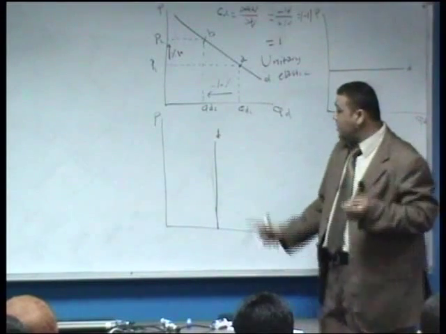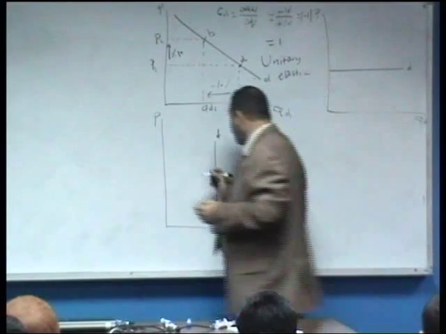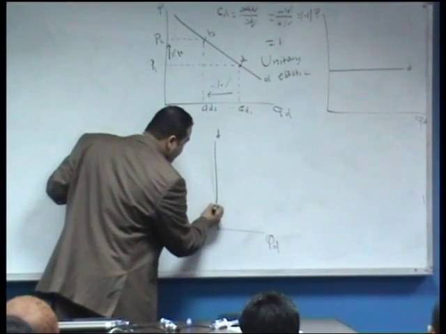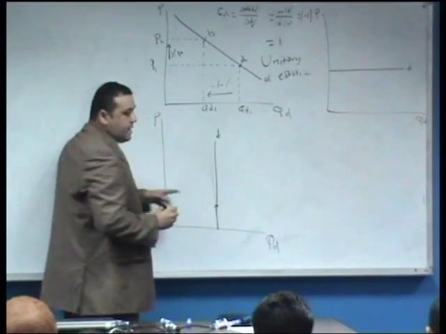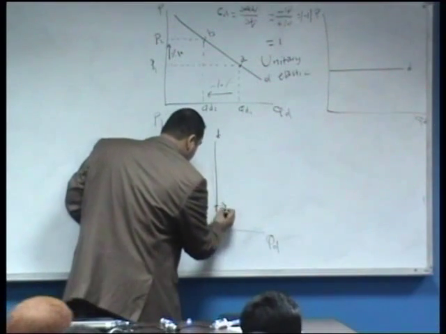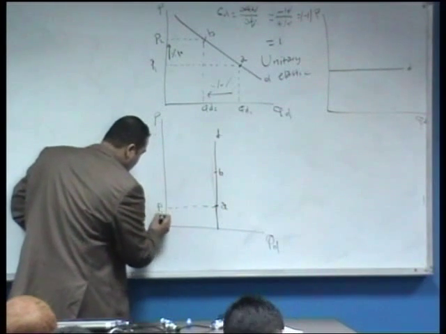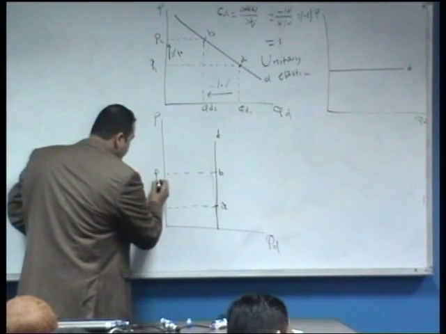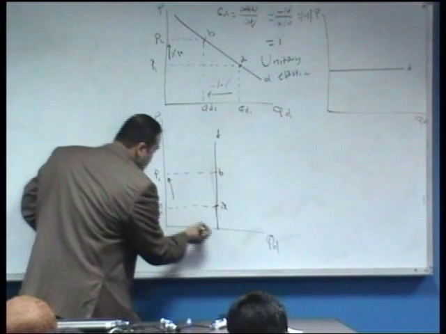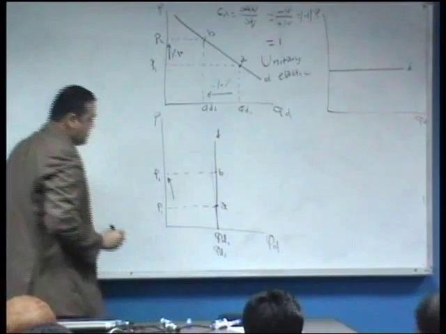Right? Okay. The fourth case. When the demand curve is a vertical line, A, B, P1, P2, QD1, QD2.